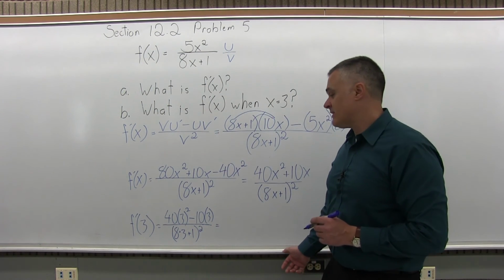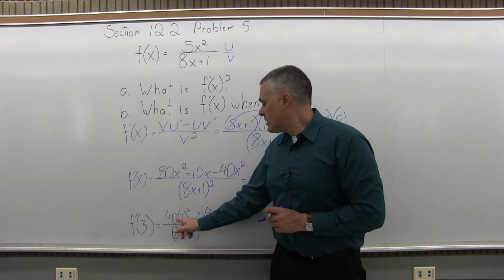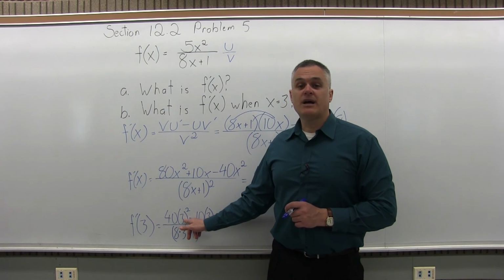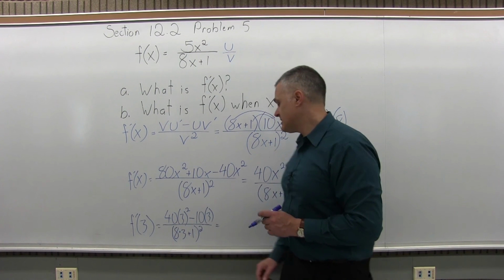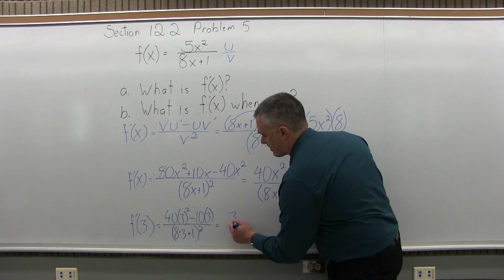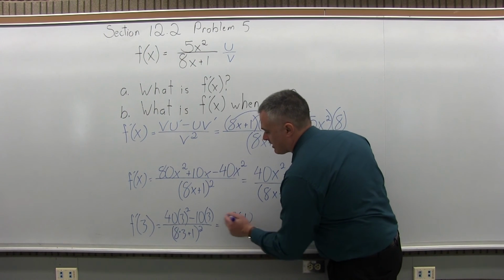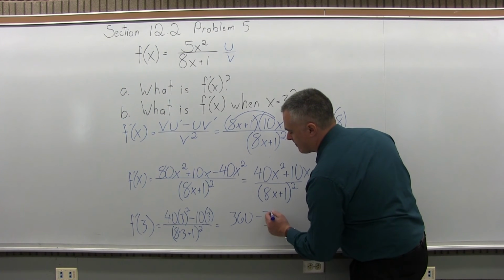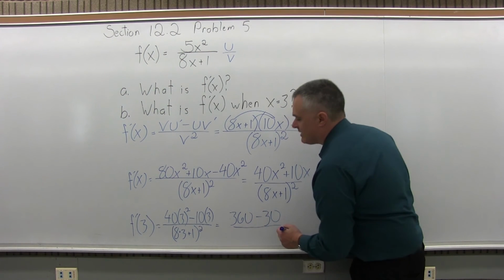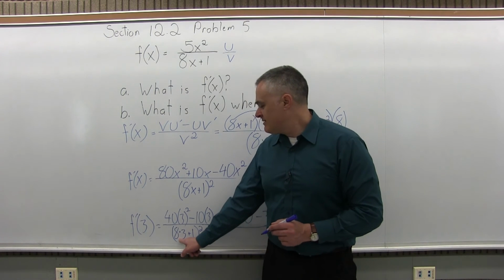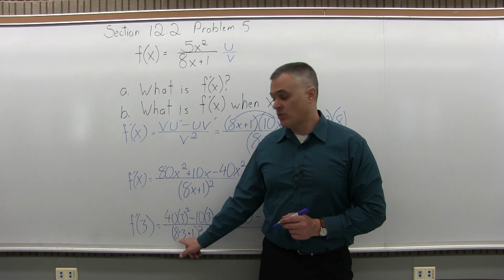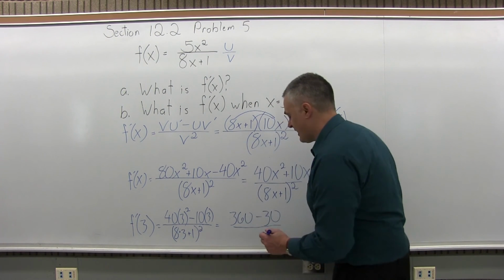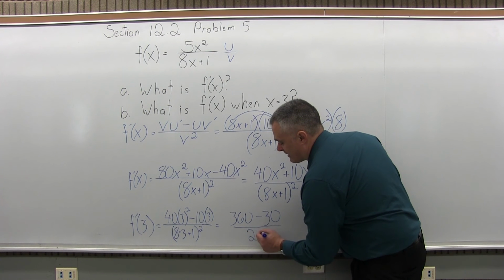So let's start to simplify that. So 40 times 3 squared becomes 40 times 9, which is 360. Plus 10 times 3 is 30. And then in the denominator, 8 times 3 is 24. 24 plus 1 more is 25. So we'll have 25 raised to the second power.